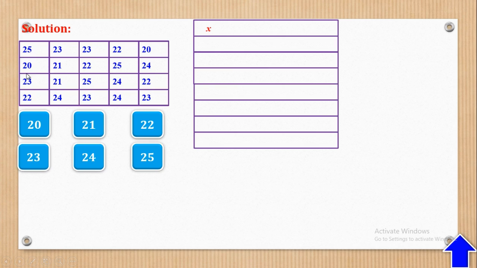Remember, values of x denote these very values, so we shall put them there. So we shall look for 20, 21, 22, 23, 24, 25. You use these values because 20 is the least value and 25 is the highest value. That's why you don't exceed 25, and you don't go before 20.